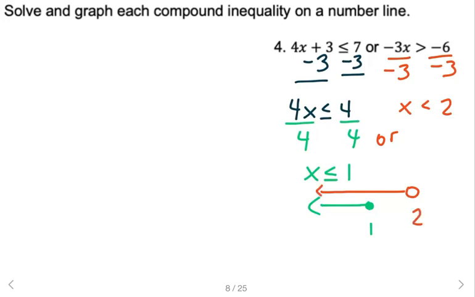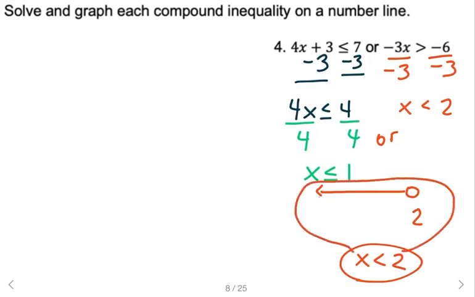Now for the union of these two sets, we're including any part of the graph that is shaded at least once. So instead of writing both of these, we can just write x is less than 2 for our final answer. And the graph would be according to that. So for an or, it only has to happen at least once.